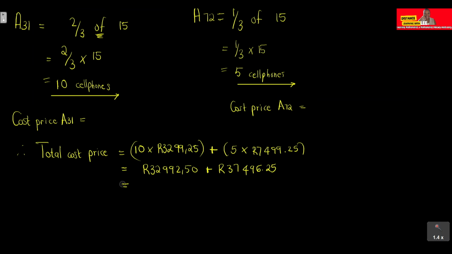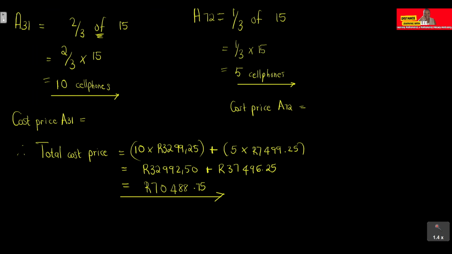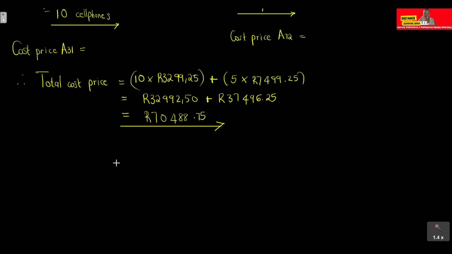If you add these two values together, you'll find that the total cost price is equal to 70,488.75. And what was his initial statement? He said that the total cost price for the order was 70,488 and 75 cents. And we also proved that that was the total cost price.